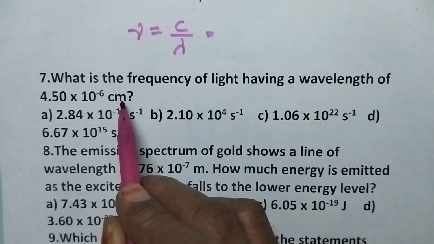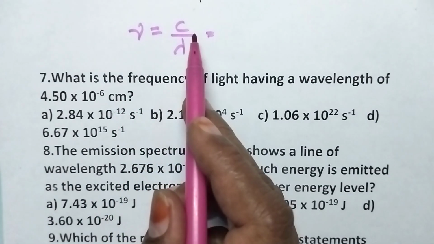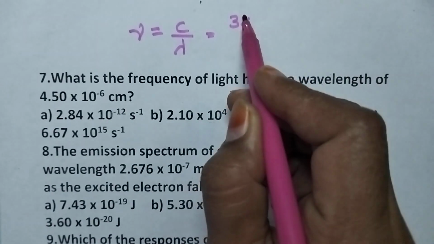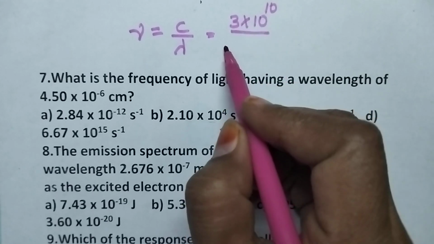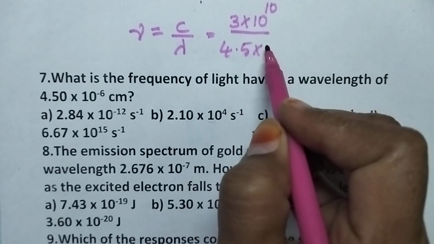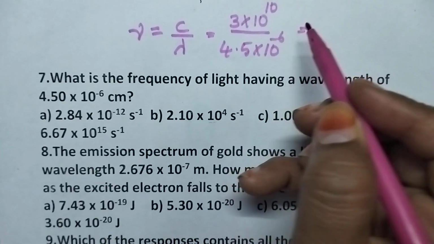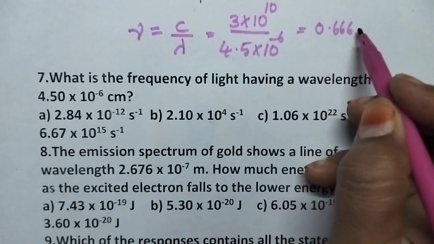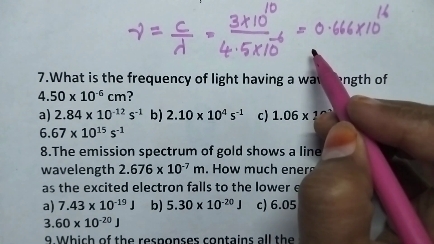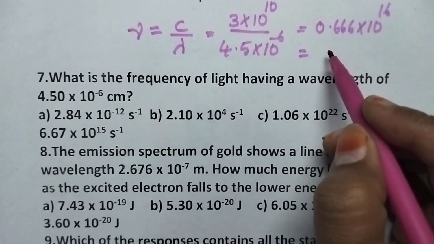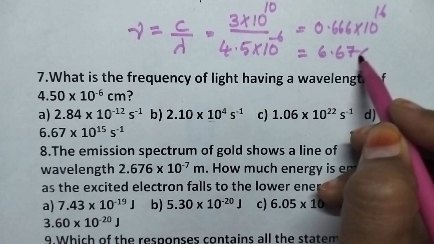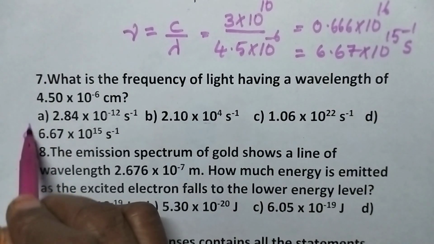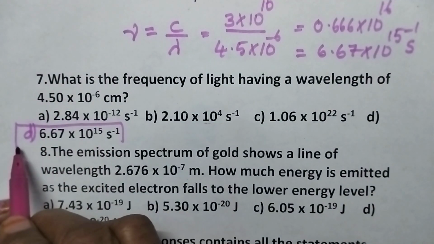Here the wavelength is given in centimeters, so we have to consider the velocity of light also in centimeters, that is equal to 3 into 10 power 10 divided by 4.5 into 10 power minus 6. That is equal to 0.666 into 10 power 16, which is also equal to 6.67 into 10 power 15 second inverse. So option D is the right answer.